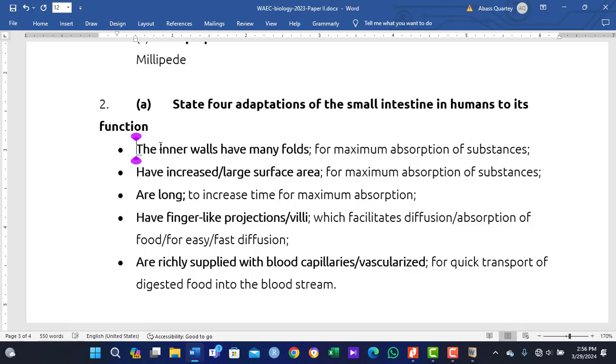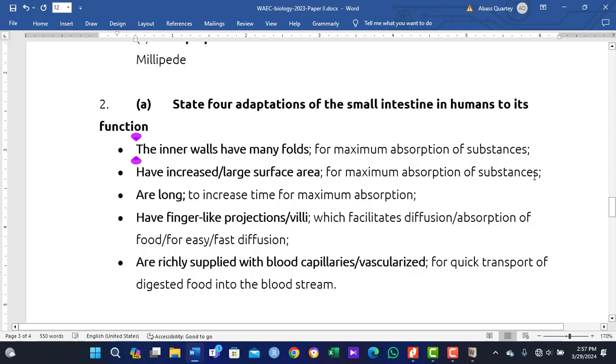The inner walls have many folds. That's the small intestine there, for maximum absorption of substances. Another structure here: increased or large surface area for maximum absorption of substances. That one too is okay. Then it is longer, talking about the length, to increase time for maximum absorption.